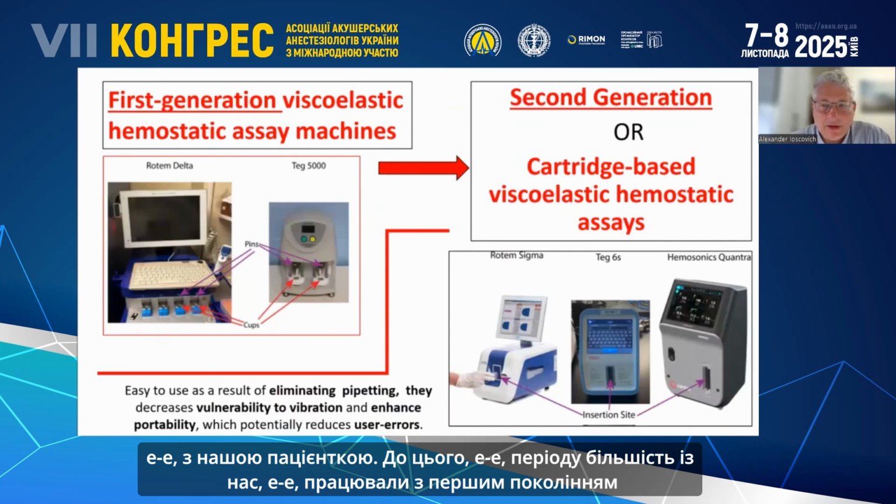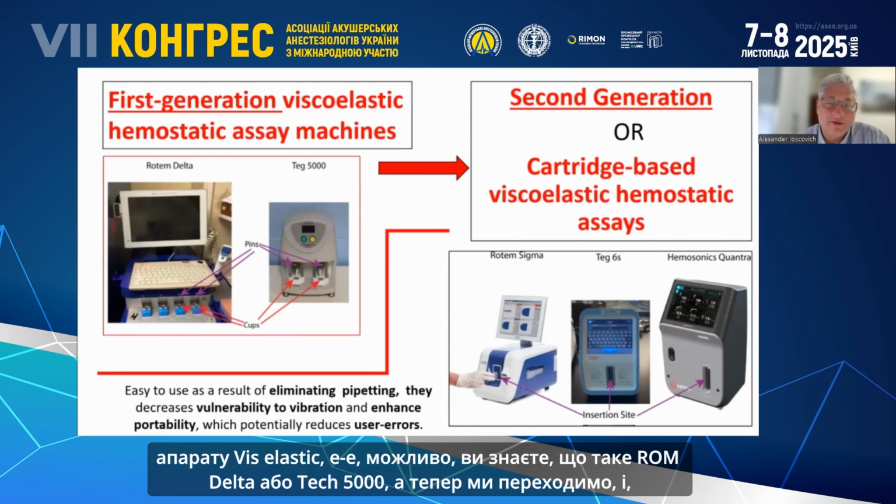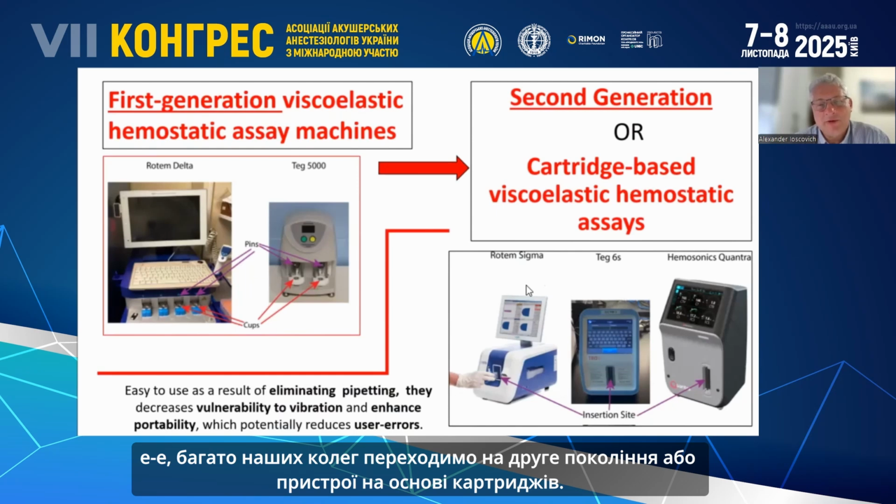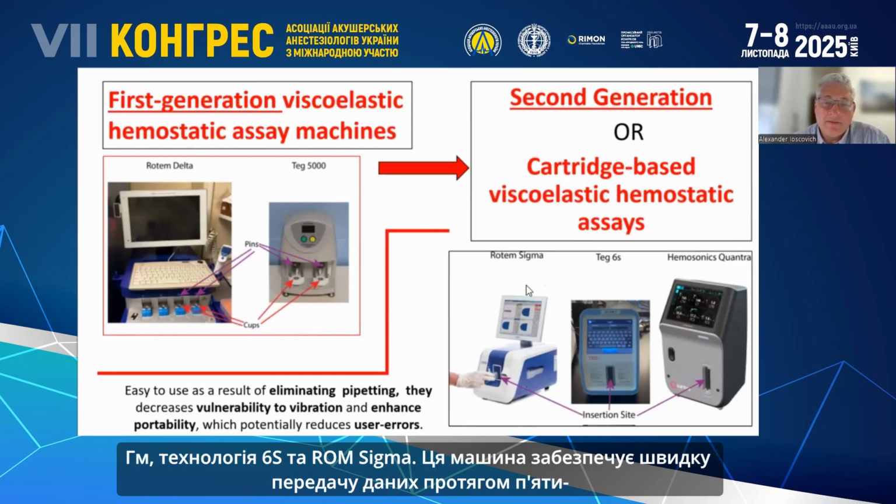Until this period, most of us had worked with the first generation of viscoelastic machines. Maybe you know the ROTEM Delta or TEG 5000. And now we and a lot of our colleagues are switching to the second generation, or cartridge-based devices. The TEG 6S and ROTEM Sigma. These machines give us a rapid answer.